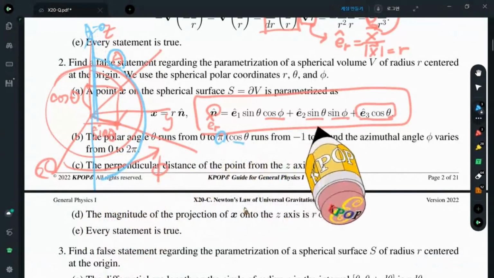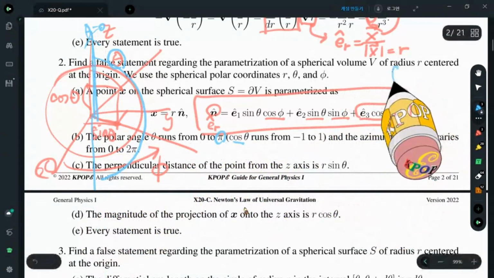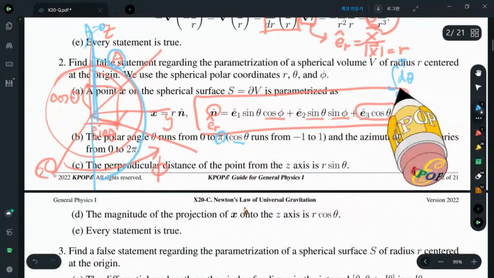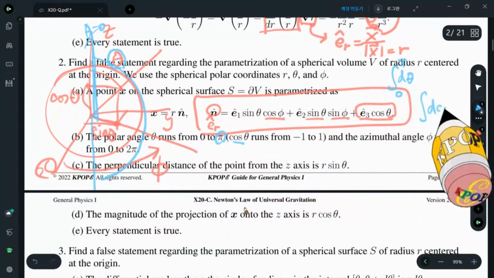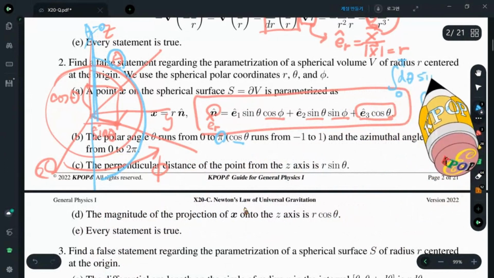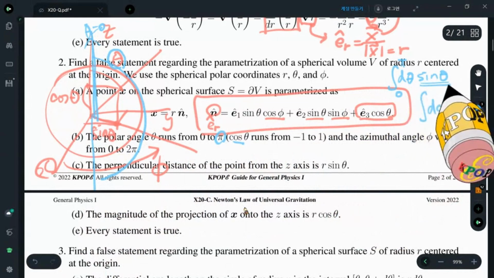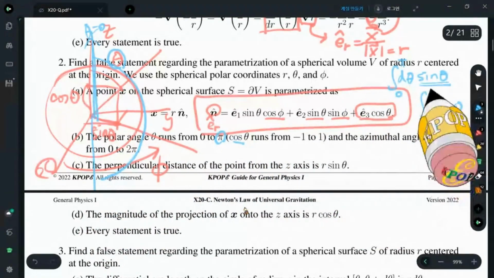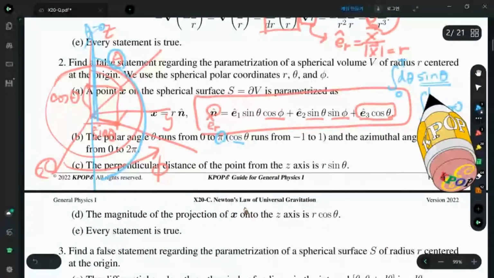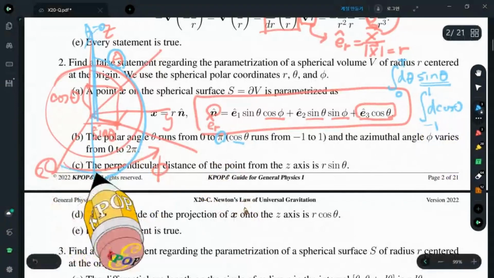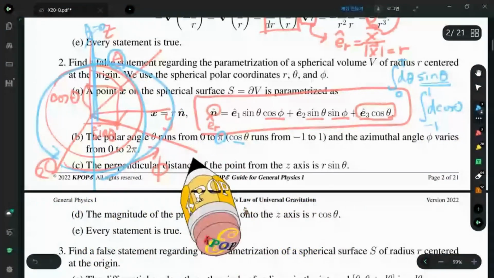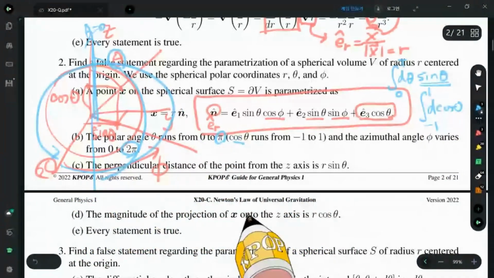When you carry out an integral, it should be from 0 to pi, or d cosine theta, if I have this Jacobian. If I carry out the integral in terms of cosine theta, then it runs from -1 to +1. And the azimuthal angle runs from 0 to 2 pi. That's 2 pi.